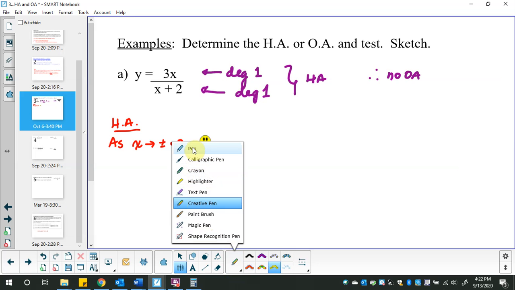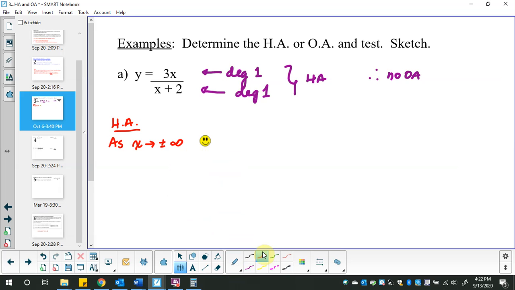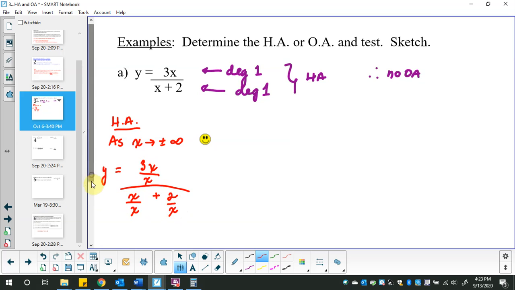So the next thing you do is you look at the highest degree overall in the question. And the highest degree overall in the question is 1. So you have to take everything in this question, so 3x and x and 2, and you have to divide it by x to the degree of 1. And then you have to clean it up.